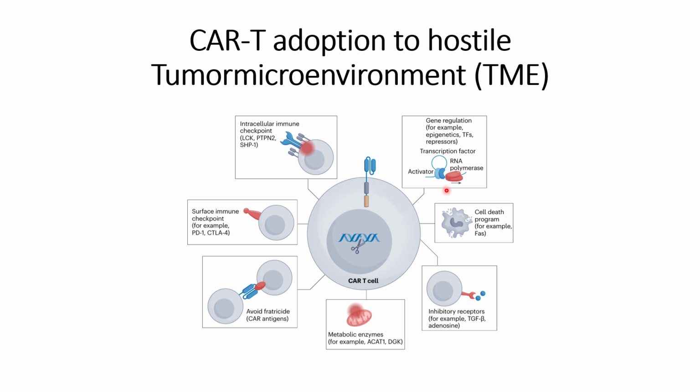This figure focuses on the engineered part of the CAR-T cells, whereas previously we discussed how we can modify the CAR receptors, that is chimeric antigen receptors, to improve the activation of the CAR-T cells whenever they interact with the antigens.